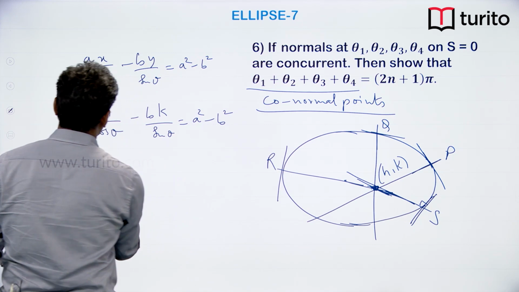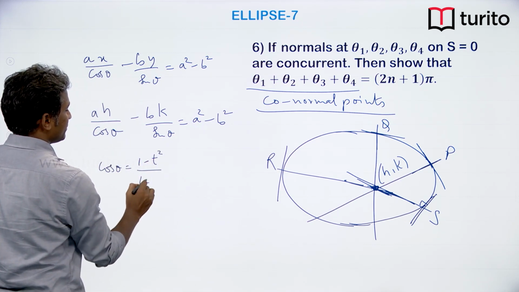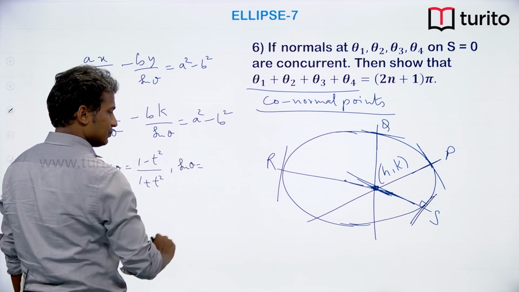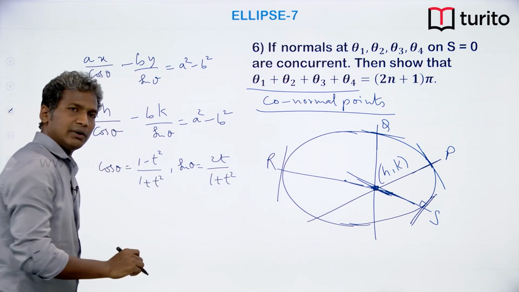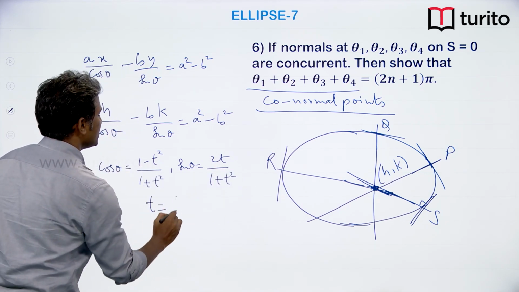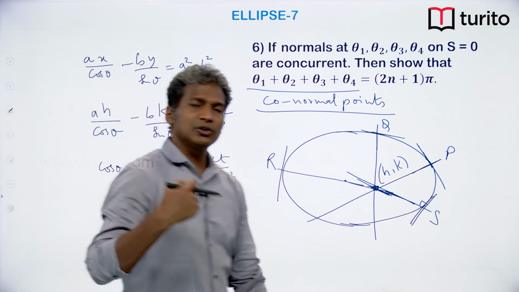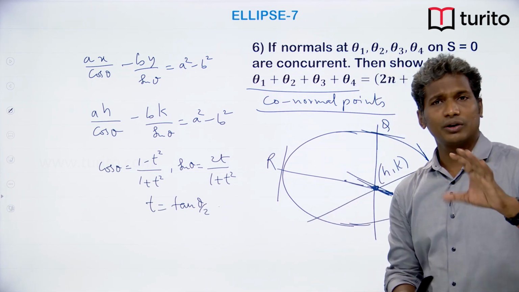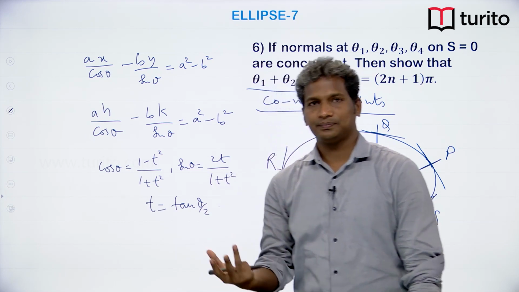I will put cos theta equal to 1 minus t square by 1 plus t square, and sin theta equal to 2t by 1 plus t square, and what is my t here? T is going to be tan theta by 2, and then the number and kind of solutions will be based on the values of t.